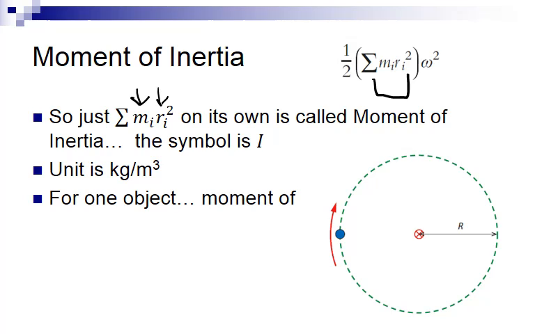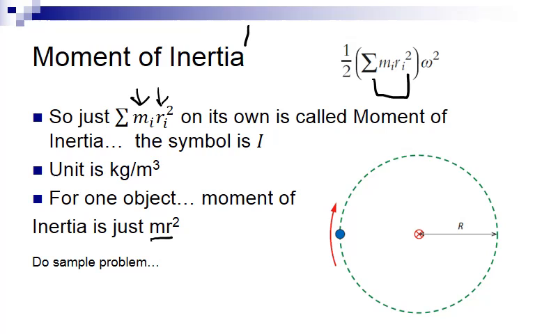Let's say we have one object. Well, we know that the moment of inertia is just m r squared, because we know that kinetic energy equals 1/2 m v squared.